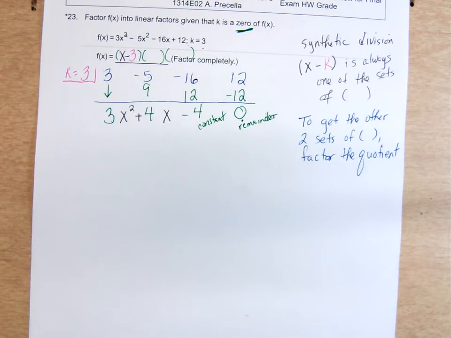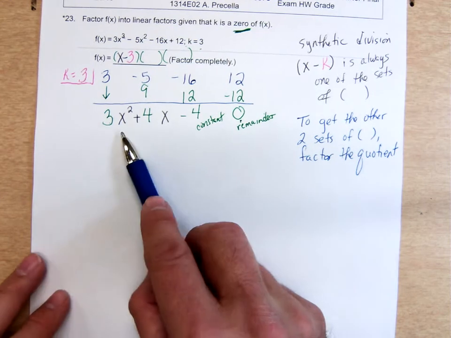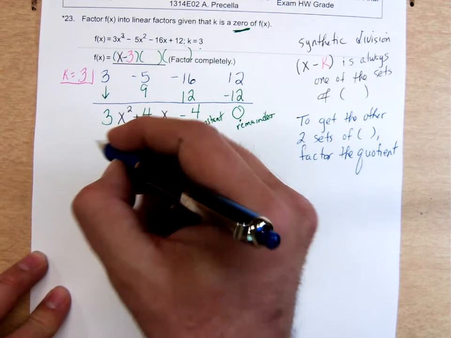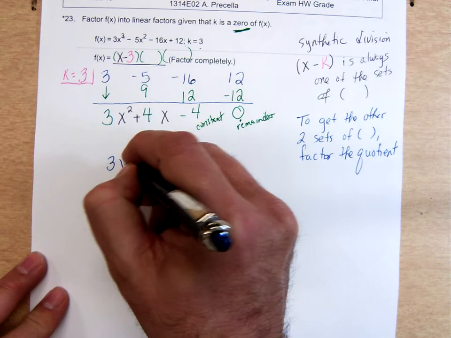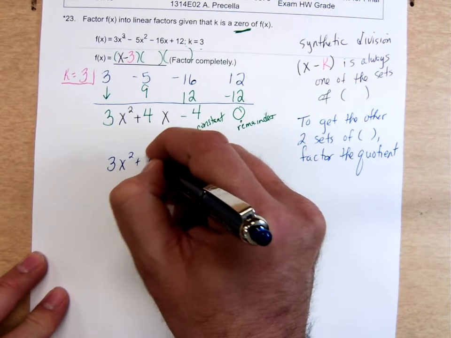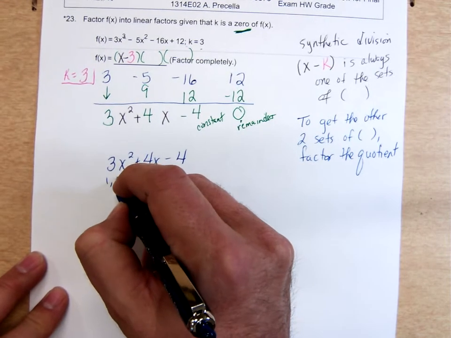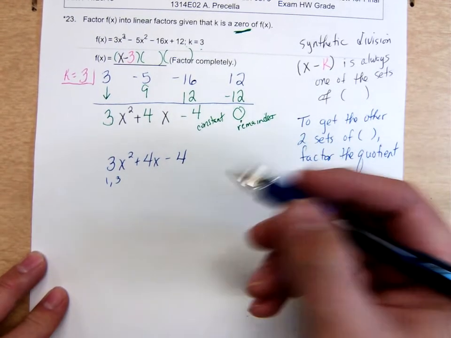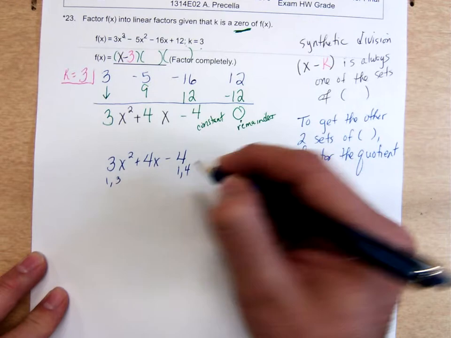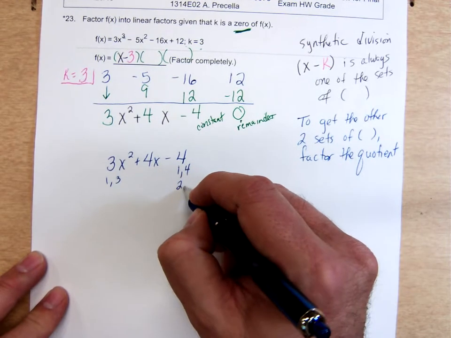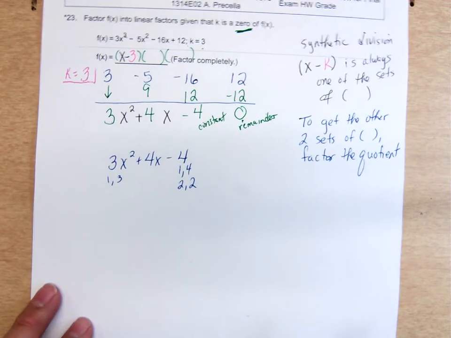So now I need to factor 3x squared plus 4x minus 4. Let me write it a little neater. Numbers that multiply together to give 3, well, there's 1 times 3. Numbers that multiply together to give 4, there's 1 times 4 and 2 times 2.